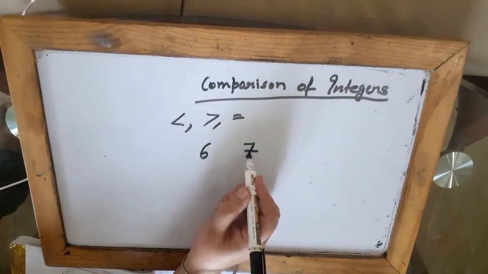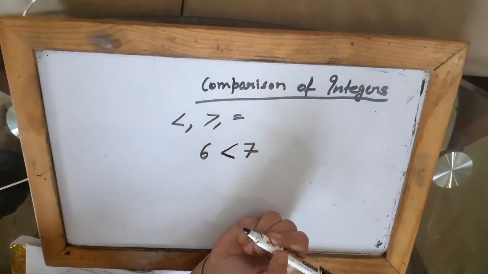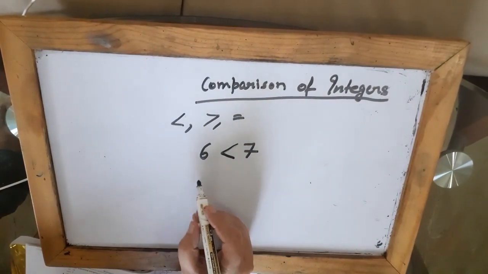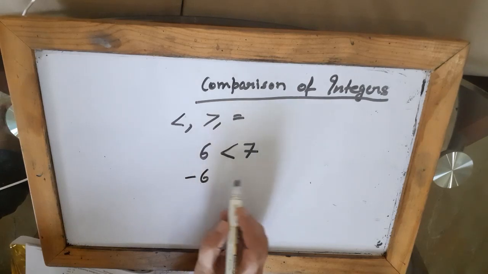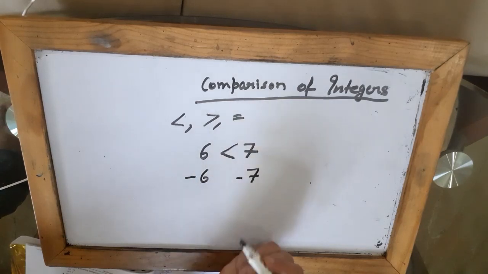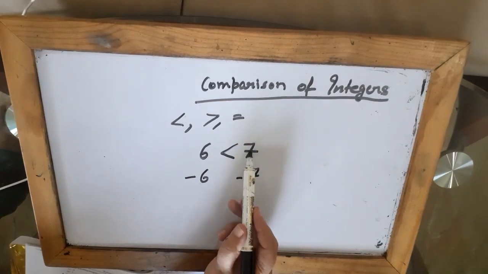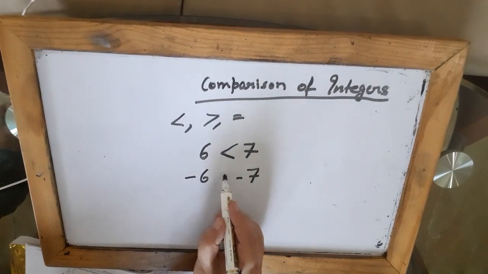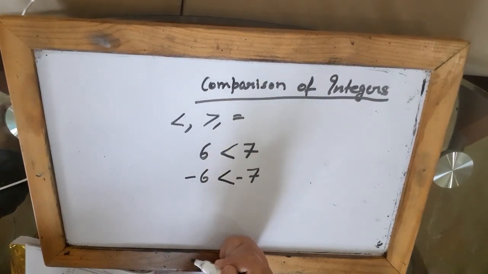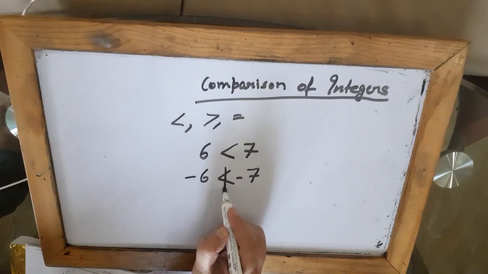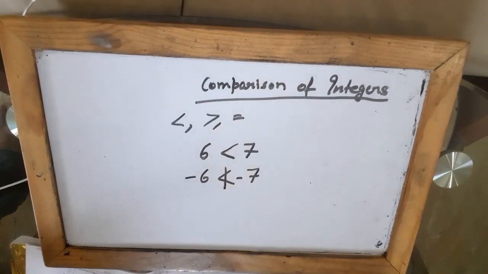You know that 7 is greater than 6. But now if I give you two negative integers and ask which is greater, you will say, ma'am, because 7 is greater than 6, this time also minus 7 is greater than minus 6. But this is not correct, this is not true.